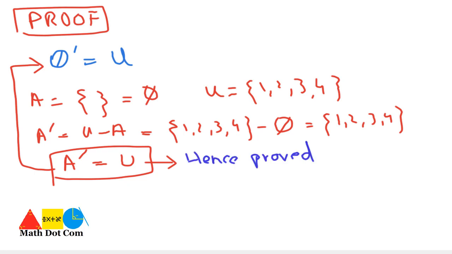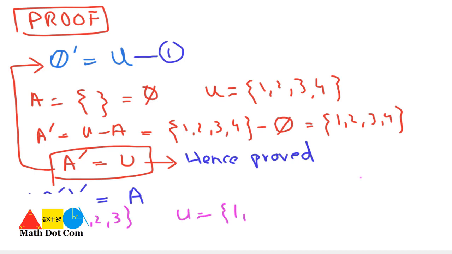This was property number 1. Now we have another property: the double complement will give you the same set again. Let's take an example: A is equal to 1, 2, 3, and U is equal to 1, 2, 3, 4, 5.